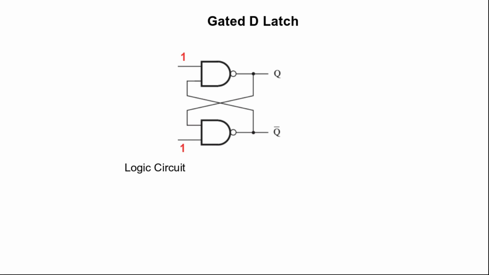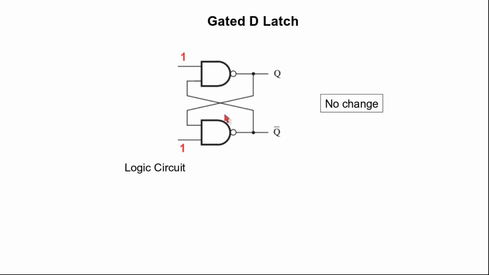So now we have a situation where we have a basic SR latch implemented using NAND gates, and both the inputs to this basic SR latch are 1, and hence there will be no change to the state.